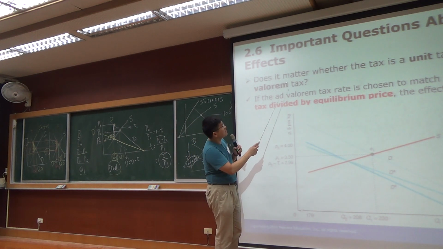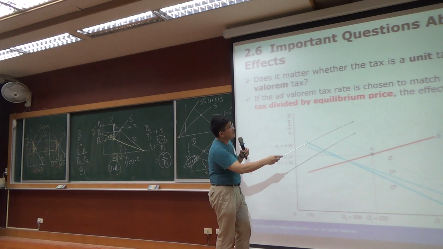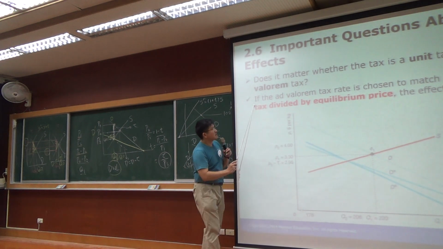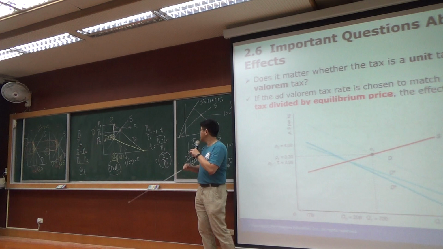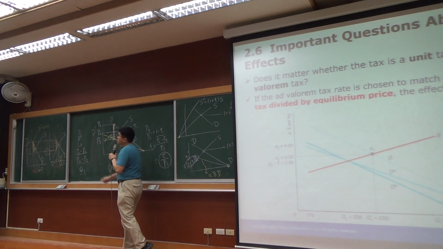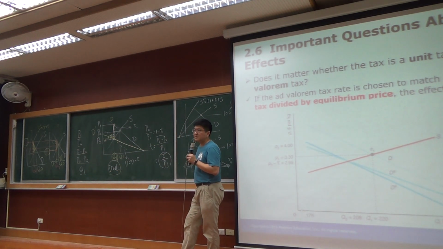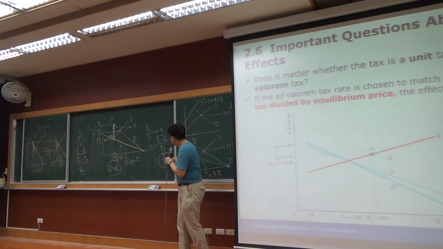So, per unit tax, which is tau, divided by equilibrium price. This is equilibrium price. Tau by price.